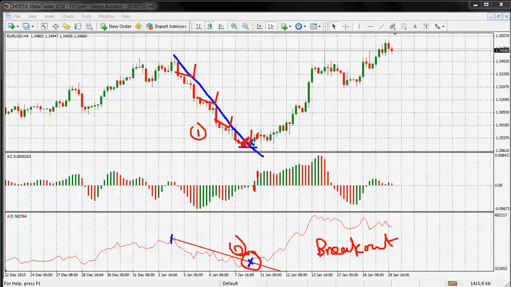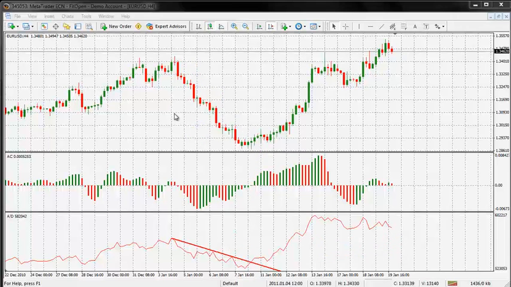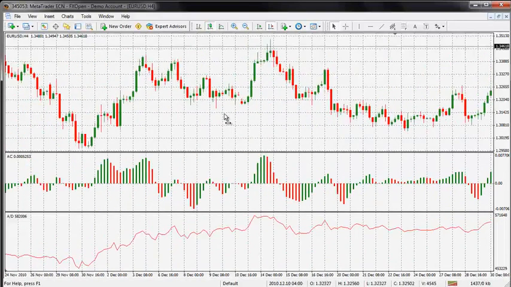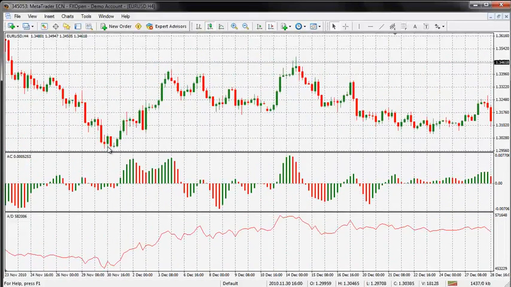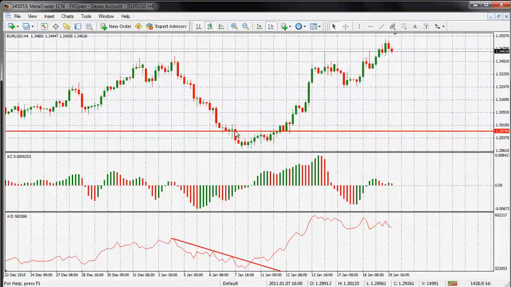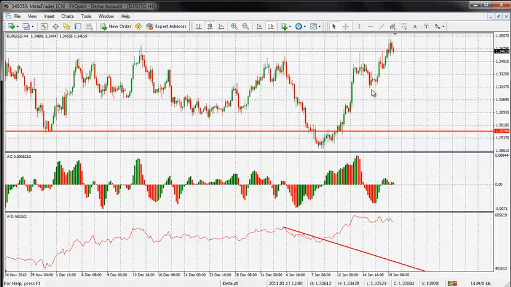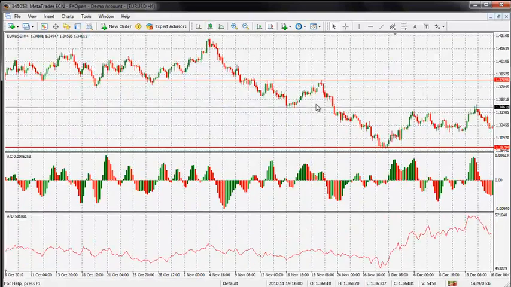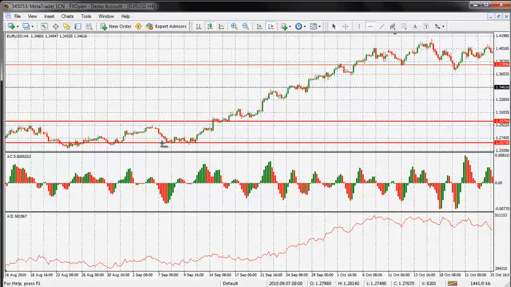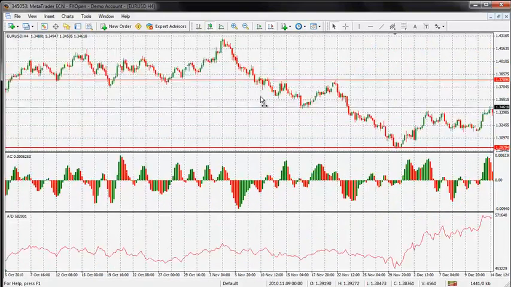Let me just clear some of that off the chart, and let's just scroll back a little bit. And here is the first bottom that we had. Let's come back over the bottom, and this one did penetrate the bottom a little bit, so let's just zoom out a little bit more so we can see some more information. And here is another bottom, another support level.